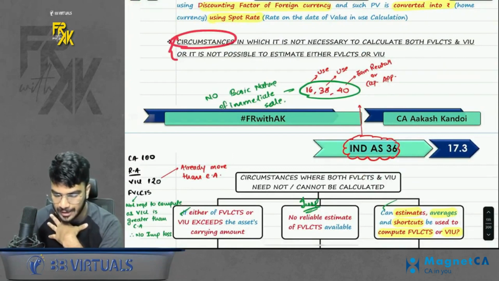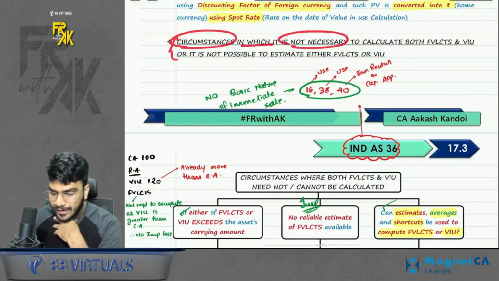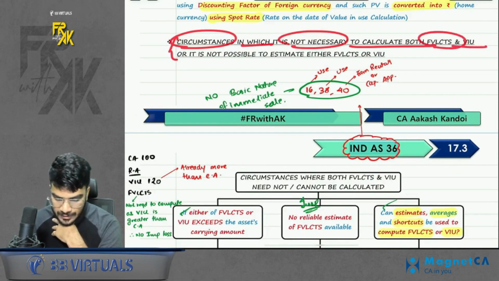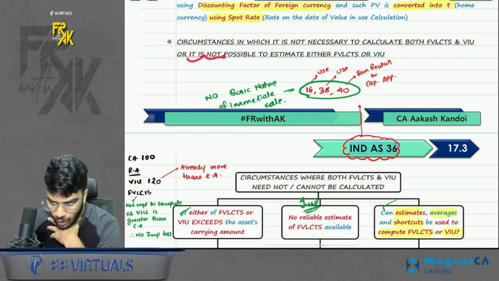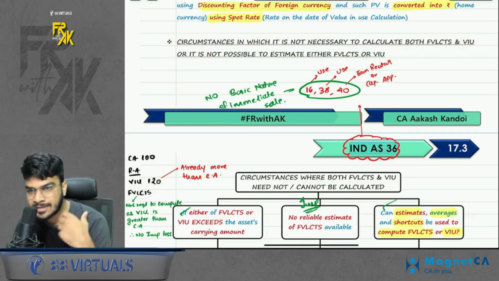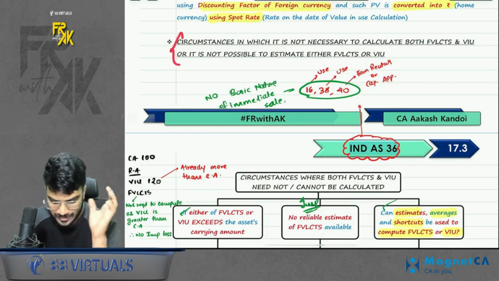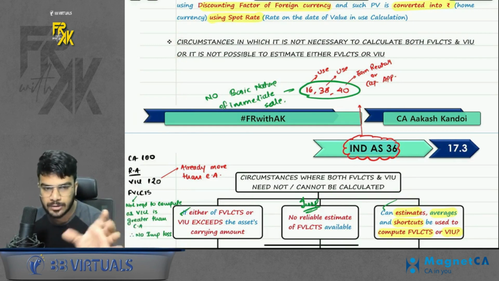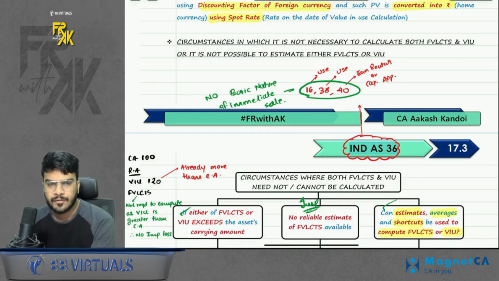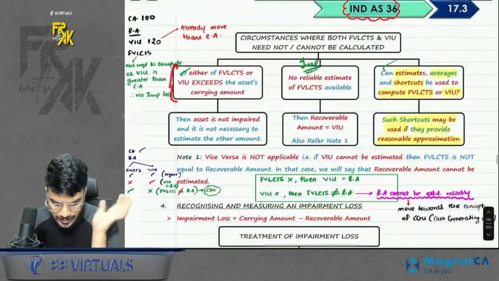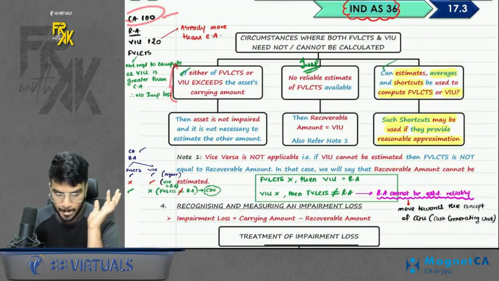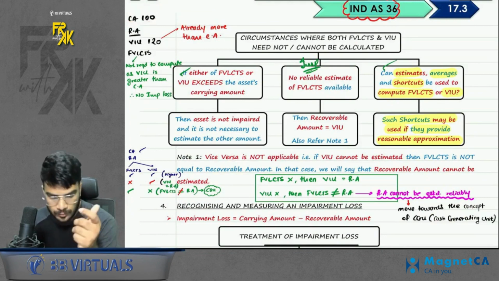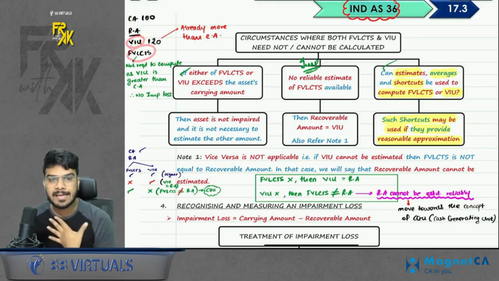Next point. Circumstances in which it is not necessary to calculate both FVLCTS and value in use, or it is not possible to estimate either FVLCTS or value in use. What does this point talk about? It says sometimes we need not find both FVLCTS and value in use. In this case, let's say, for example, your carrying amount is 100. Standard will ask you whether can you compute both of them. I will say yes, I can compute both.